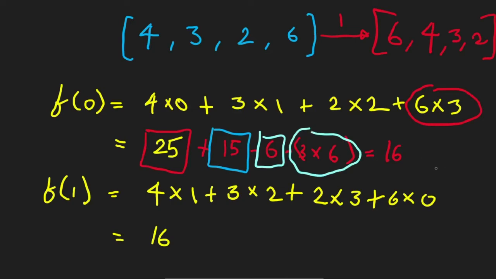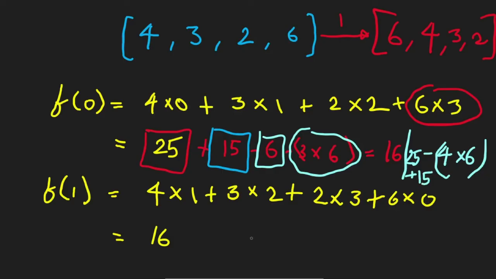So in total we have subtracted 4 times the last element, or the element which went to index 0, from 25 plus 15.